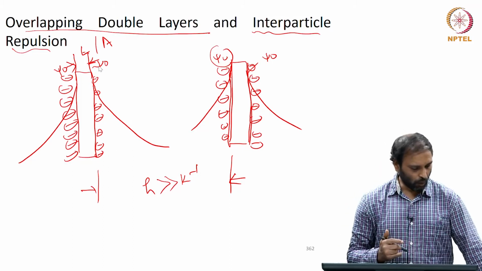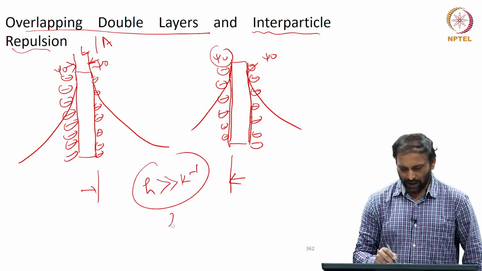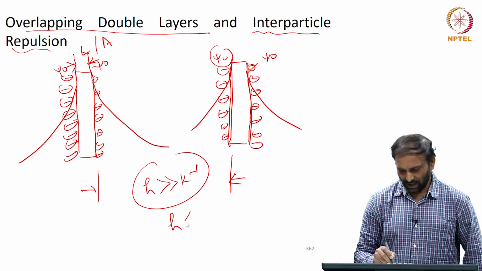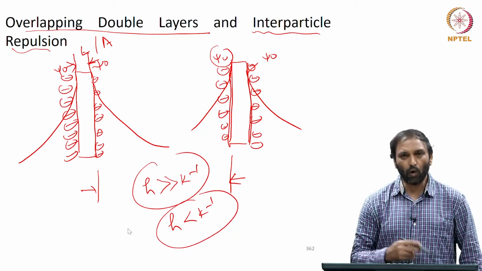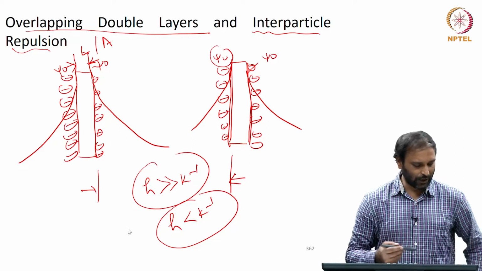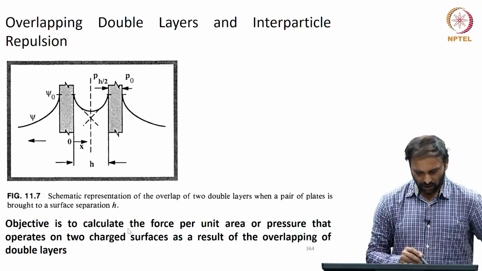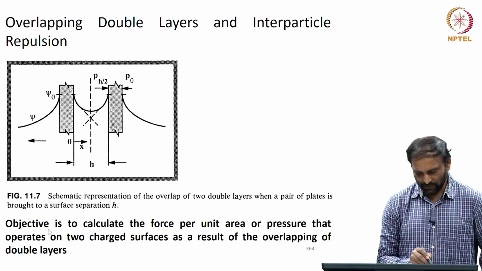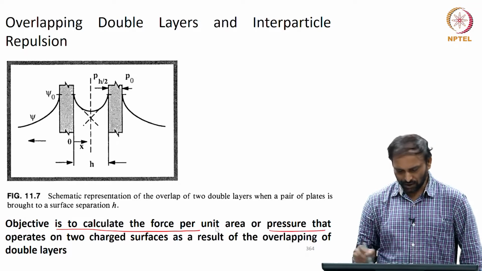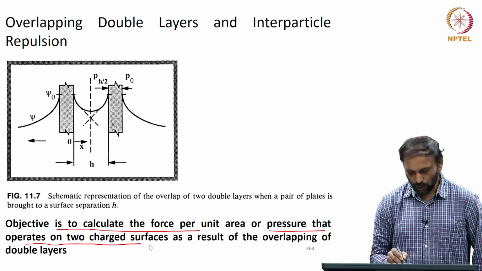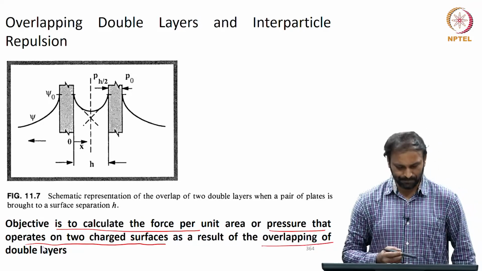So, what we are going to consider is the case when h becomes less than kappa inverse, that means when there is an overlap of double layers. We would like to calculate what is the repulsion between the two particles. So, the objective is to calculate the force per unit area, or the pressure, that operates on the two charged surfaces as a result of overlap of double layers.